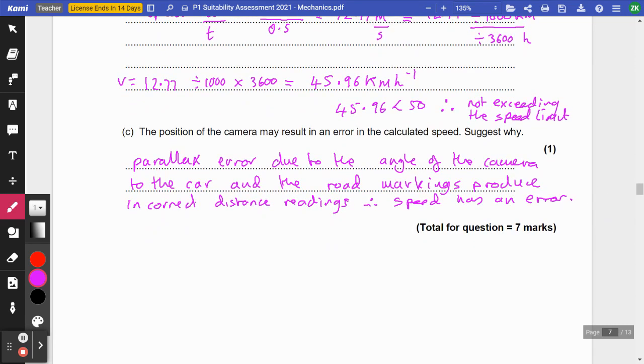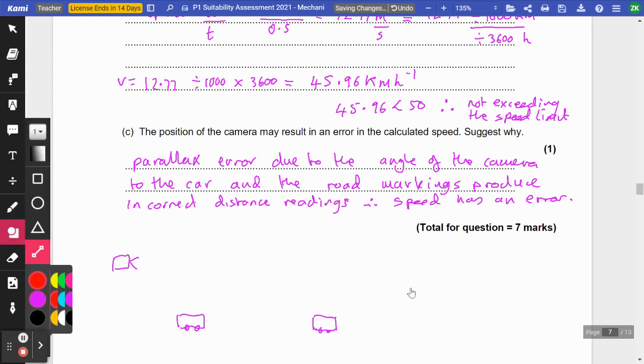So the position of the camera may result in an error in the calculated speed. Suggest why. Now the camera is generally at a position which is higher than the actual car. So if this is the camera, this is the car's position, and there is the car's position later.